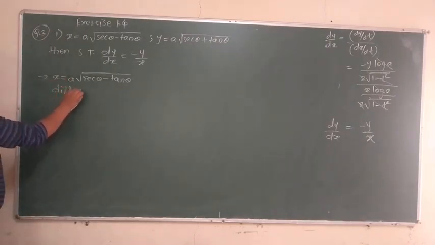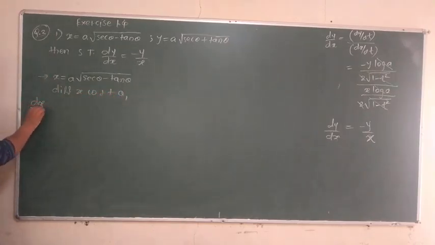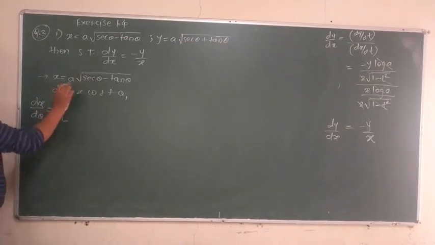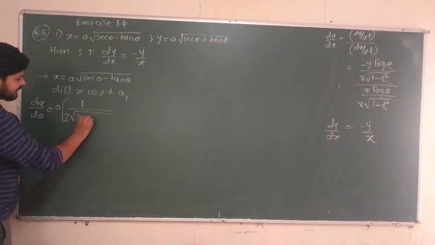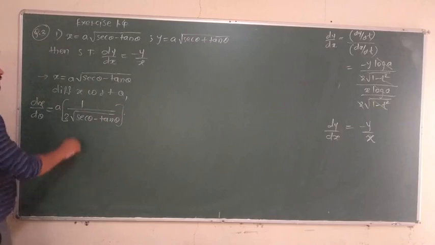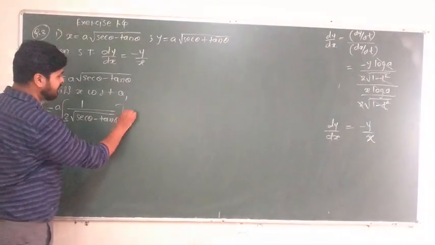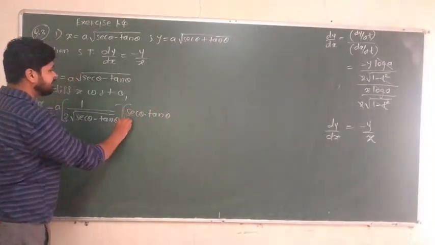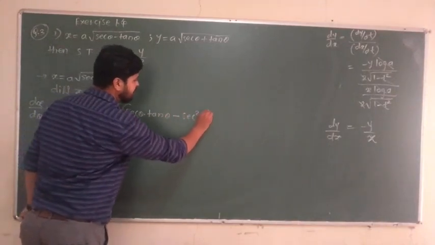If you differentiate x with respect to theta, then dx by d theta is equal to a as it is, into the derivative of this square root, which is 1 upon 2 root sec theta minus tan theta, into the derivative of sec theta minus tan theta. The derivative of sec theta is sec theta into tan theta, minus the derivative of tan theta, which is sec square theta.